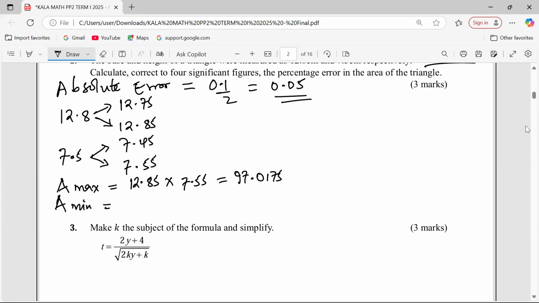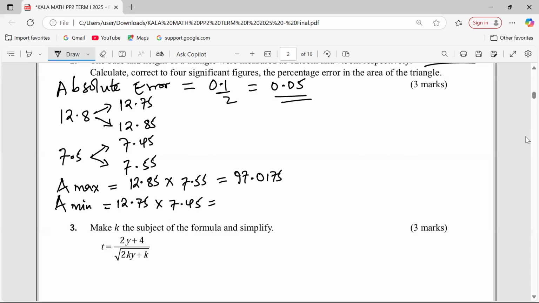Then we can get area minimum. Area minimum is going to be when we multiply the lower limits for both dimensions. And this shall give us 12.75 multiplied by 7.45. This is giving us 94 point.